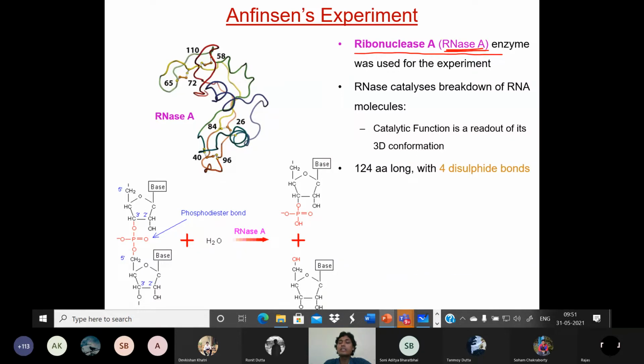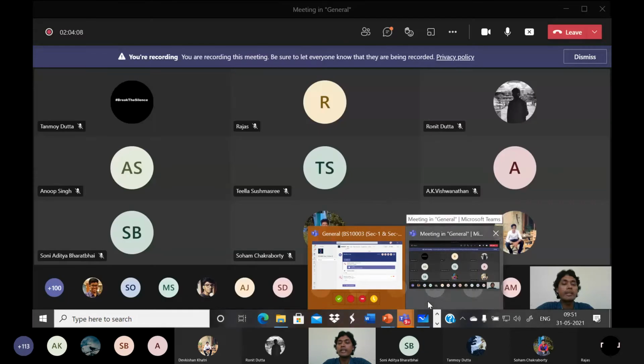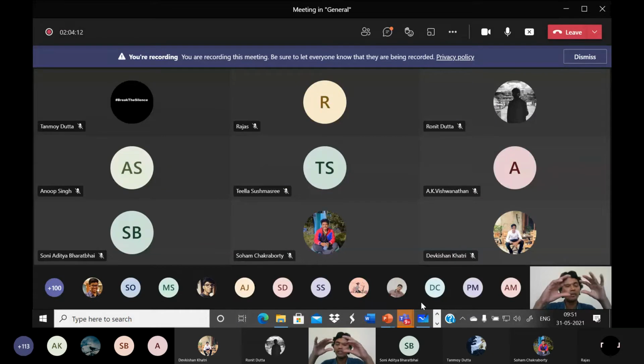Actually, he took this enzyme, or this protein, very cleverly, because the assay is very easy. Assay means, if he wants to study protein folding, like what you will see, I'm just trying to introduce briefly. He took RNase, which is the properly folded native RNase, that enzyme, not RNA.